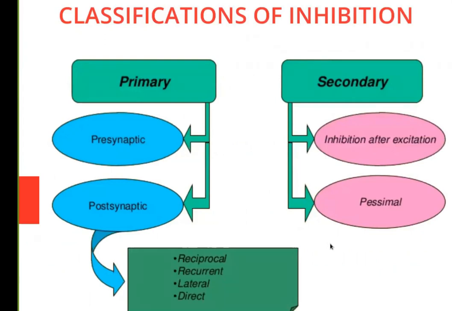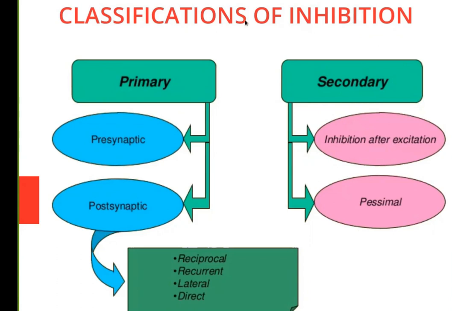And our neuron system has the ability to decrease this action potential production in many ways. Most common are primary and secondary inhibition. You may see primary inhibition may have different subtypes like presynaptic, postsynaptic. I'll tell you about this a bit later.